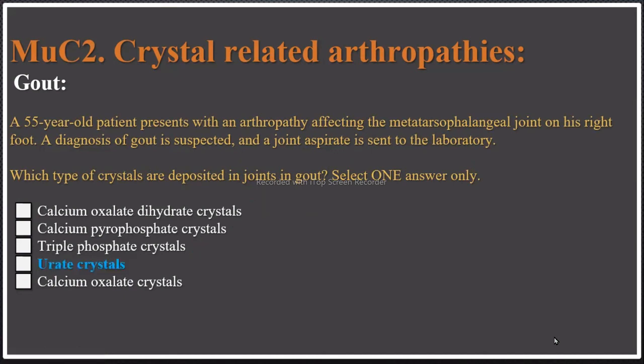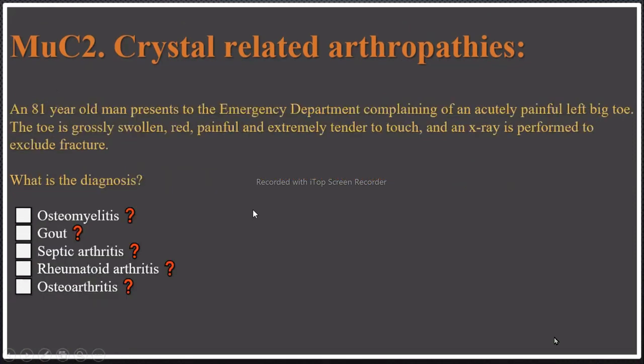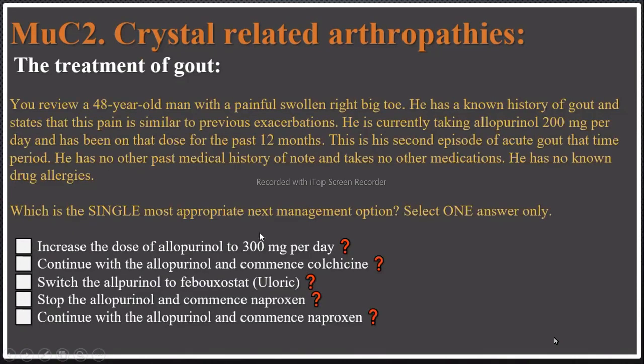Urate crystals. Condition not considered: metabolic syndrome. Hyperthyroidism. Hypothyroidism. What is the diagnosis? Perfect. Gout. Gout arthritis.